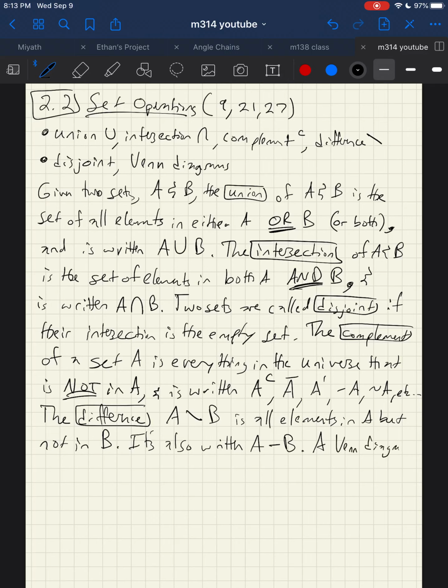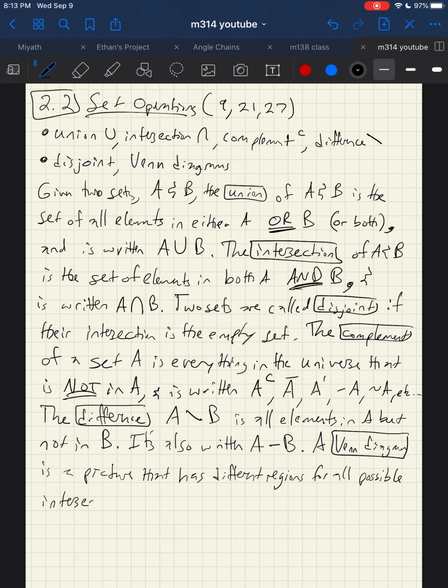A Venn diagram is a picture that has different regions for all possible intersections of some sets.